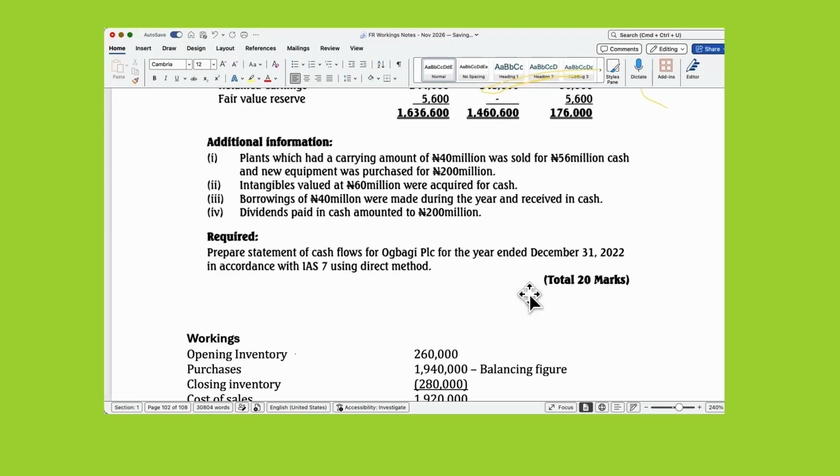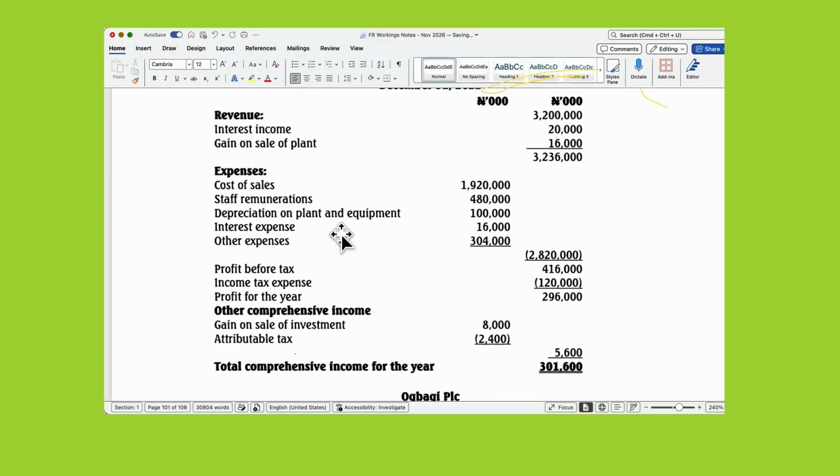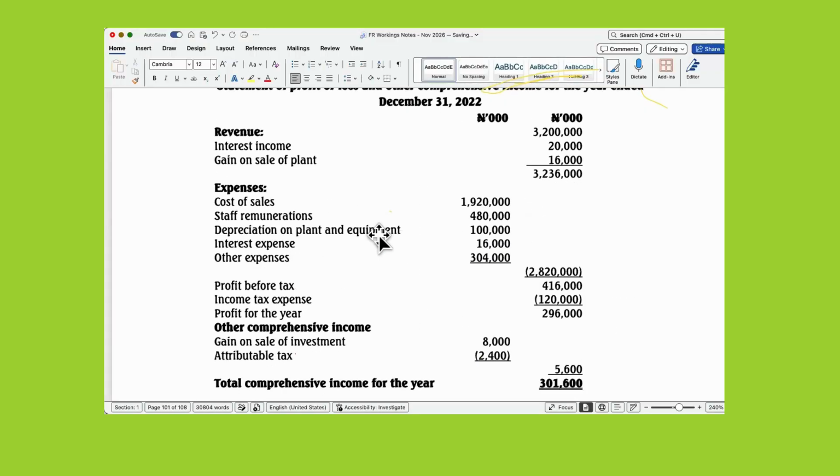I move to the next item, which is depreciation on plants. Aisha, is Aisha here? How do I treat this depreciation? Where will I treat it in the statement of cash flows? It's a non-cash item, not a cash item.